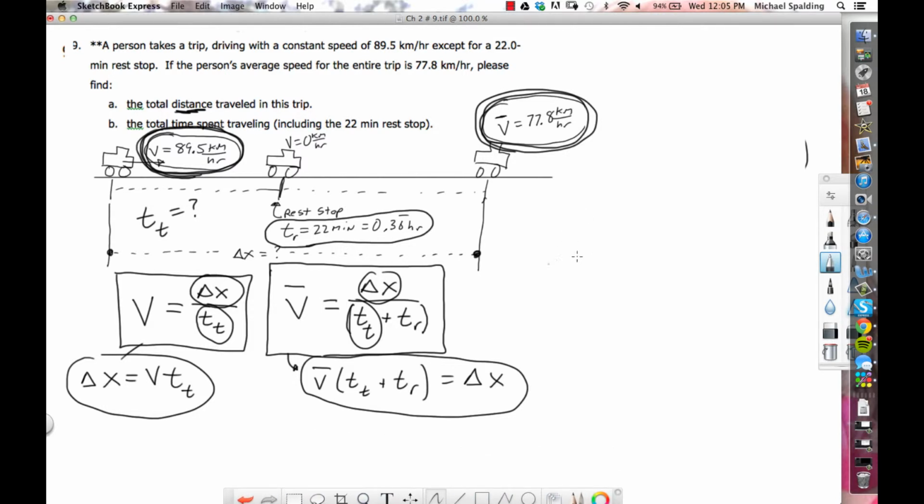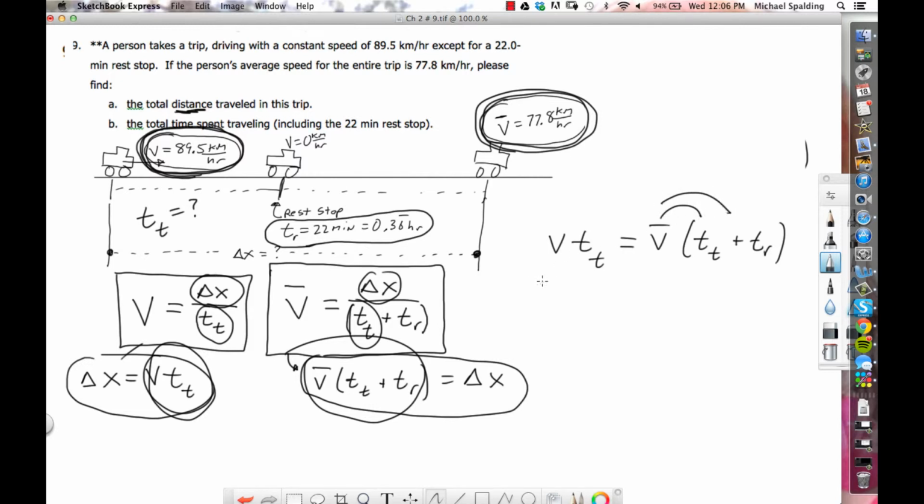Okay, so now I'm going to set this equal to this. So now we have v times time of travel equals average velocity times time of travel plus time of rest. However you do your algebra. And then distribute this.